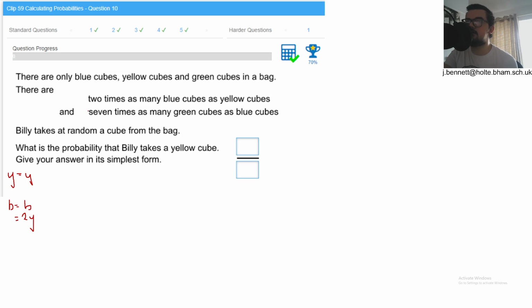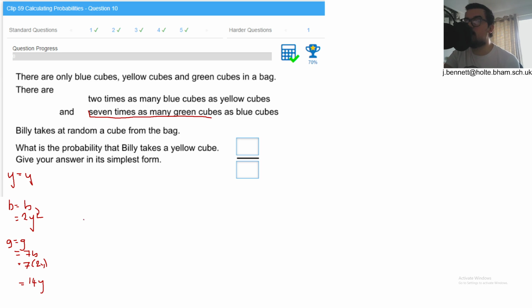Now it says 7 times as many green cubes as blue cubes. So green equals 7 blue. Blue equals 2y, so we can equate it to 7 lots of 2y, which equals 14y.